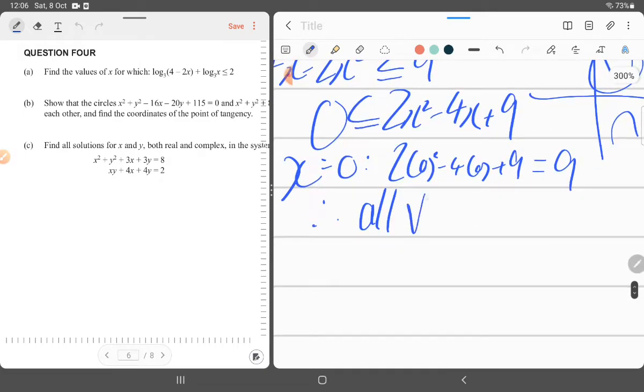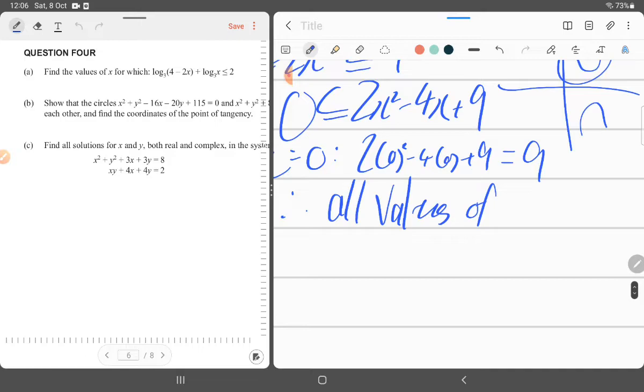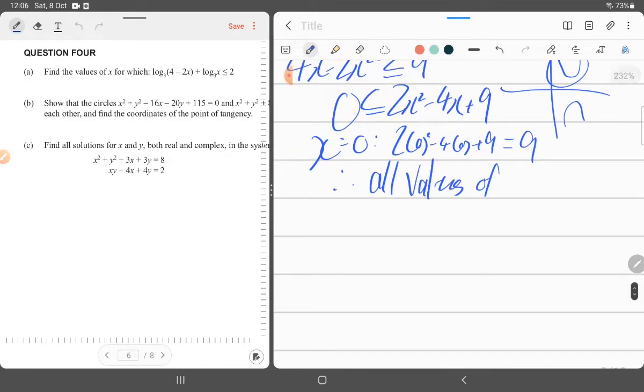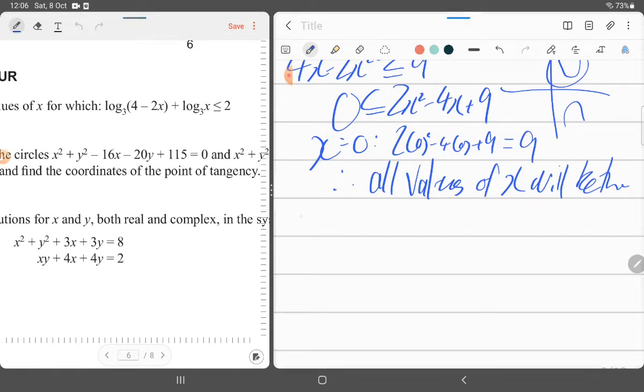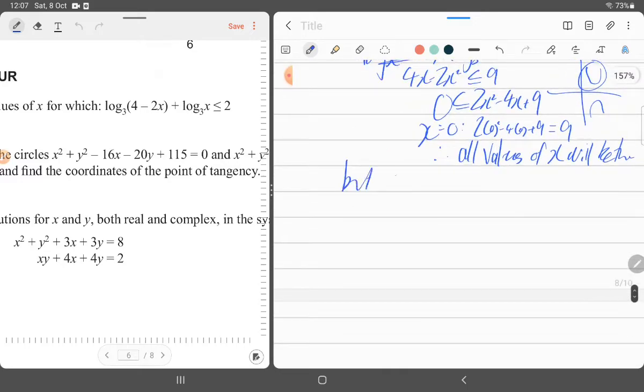Therefore all values of x will be true, but we need to remember it must fit the original log stipulations.